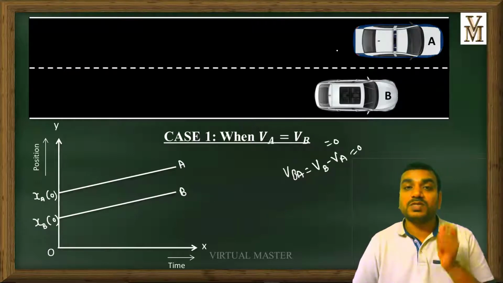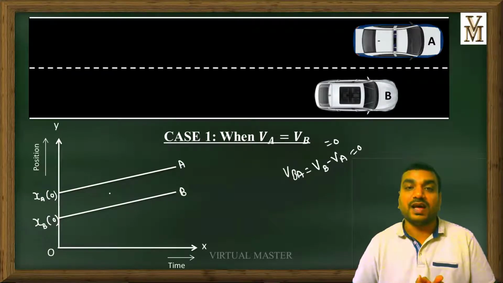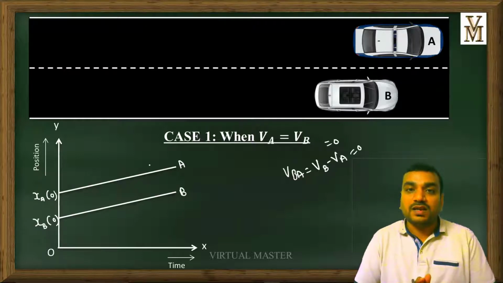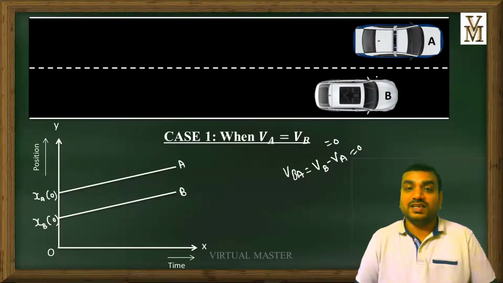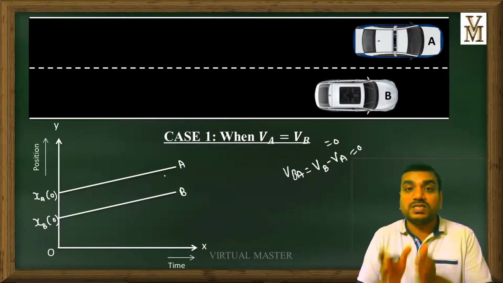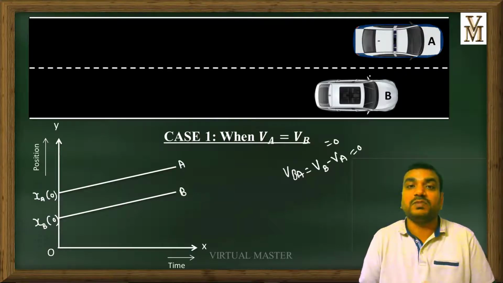And if we plot the position time graph of car A and car B, we are going to get straight lines parallel to each other, isn't it? Why are they parallel to each other? Because the distance between car A and car B will remain the same throughout their journey. That's why the curves of car A and car B will always be parallel to each other, or I can say the difference in the positions of car A and car B will be the same or constant.